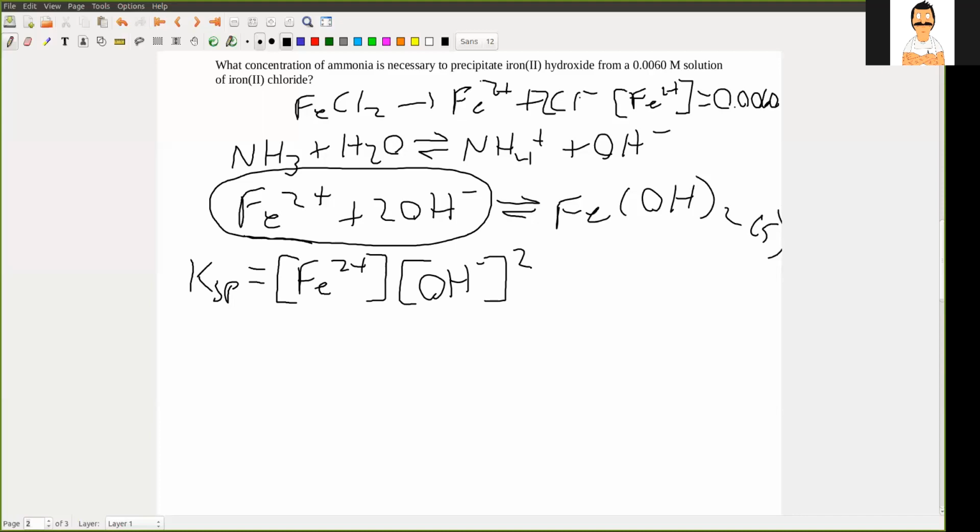And then we'll need to look up the Ksp, which I've already done. Ksp for iron 2 hydroxide is 1.6 times 10 to the minus 14. With that, we now know the concentration of iron from up here, and we know the solubility product, so we can rearrange our formula by dividing both sides by the concentration of iron.